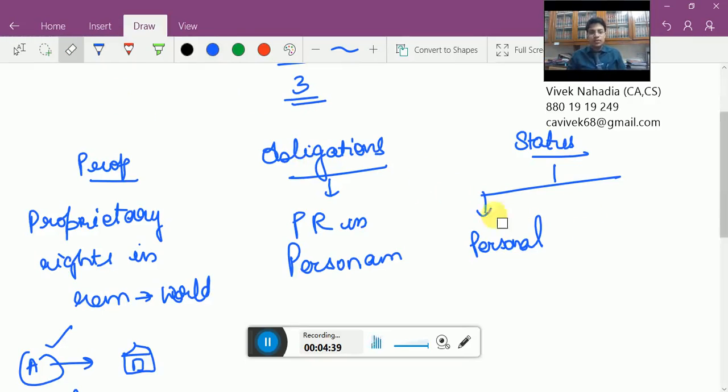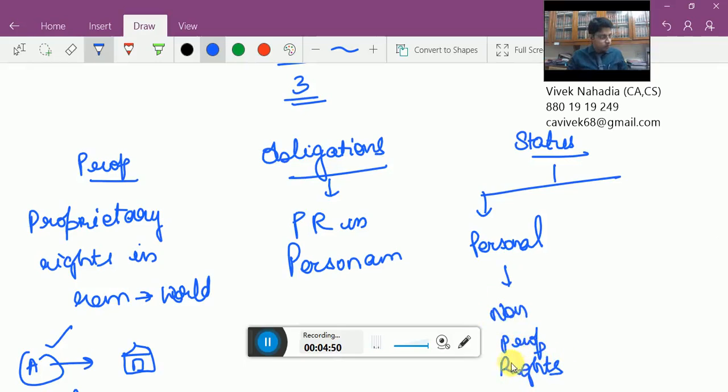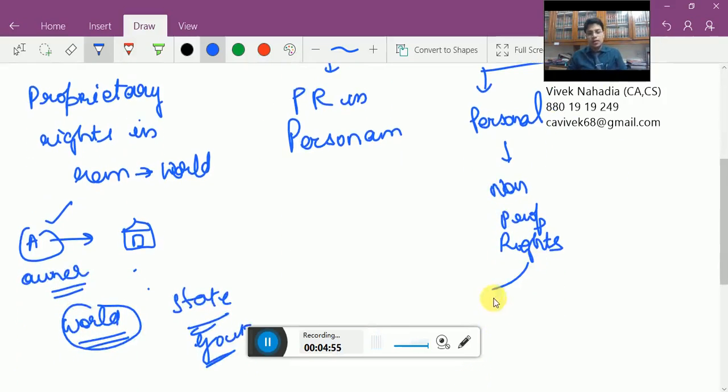Personal rights itself mean that these are non-proprietary rights. It deals with personal non-proprietary rights, and this can be in rem or in personam.